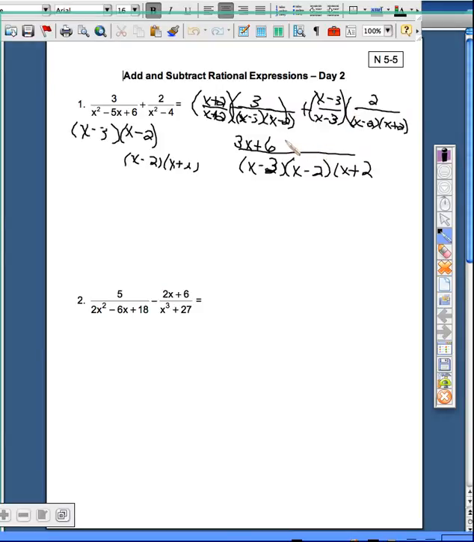So we'll have plus 2x minus 6. Now our 6's are going to add to be 0, so that simplifies my numerator quite a bit. We have 5x over x minus 3 times x minus 2 times x plus 2. And that would be our final answer.